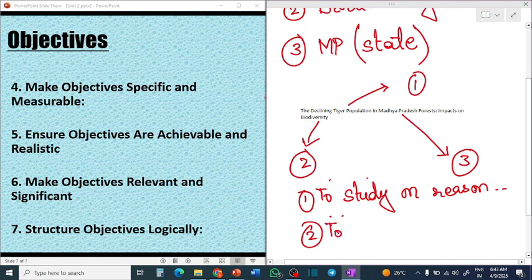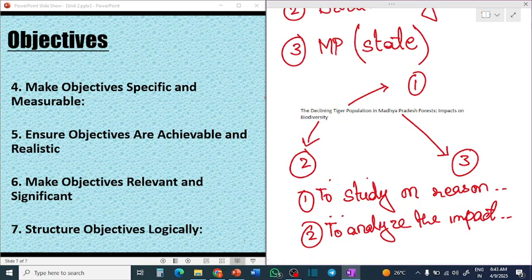To analyze the negative impact on biodiversity of the decreasing tiger population. I'm not able to frame it perfectly, but you can understand what I am saying: we have to structure our objectives logically, in line with how we have presented our title.